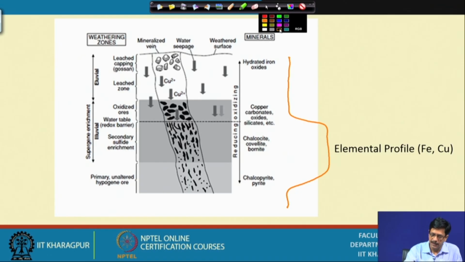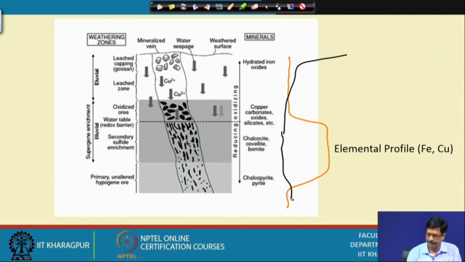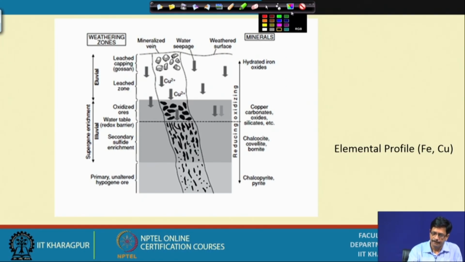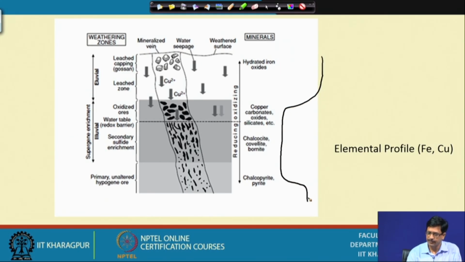If we take iron, then iron will have a profile which will be exactly like this, which will be high in the oxidation zone, and this will be for iron, and this will be for copper.